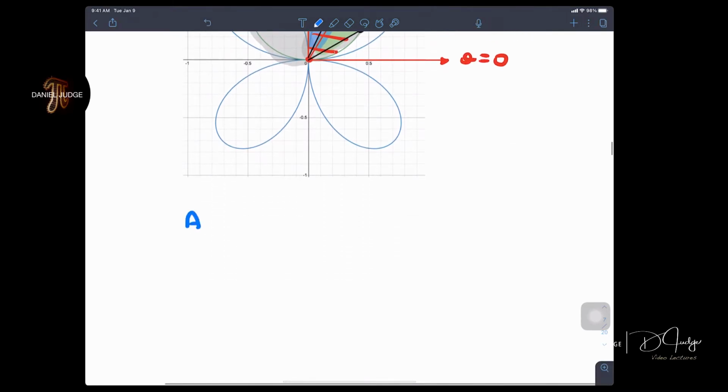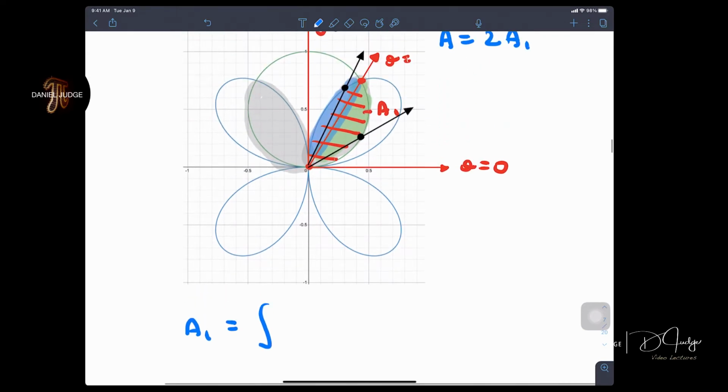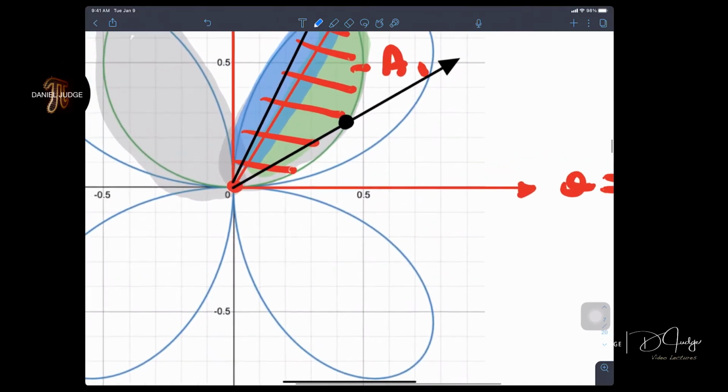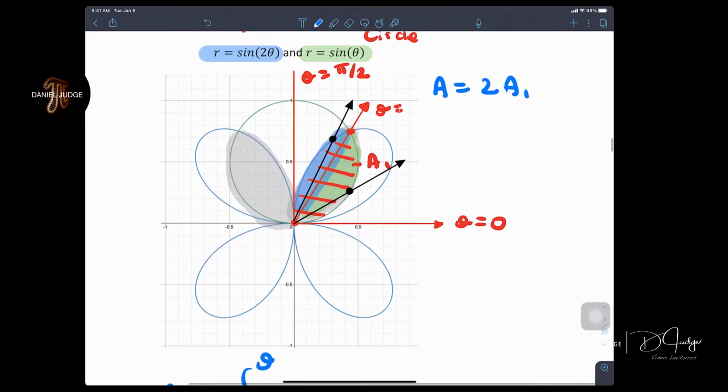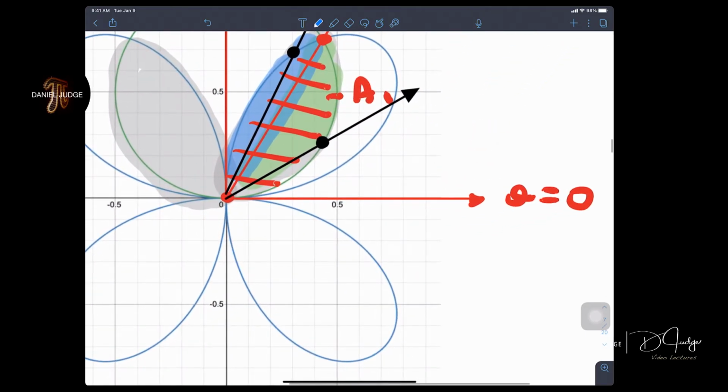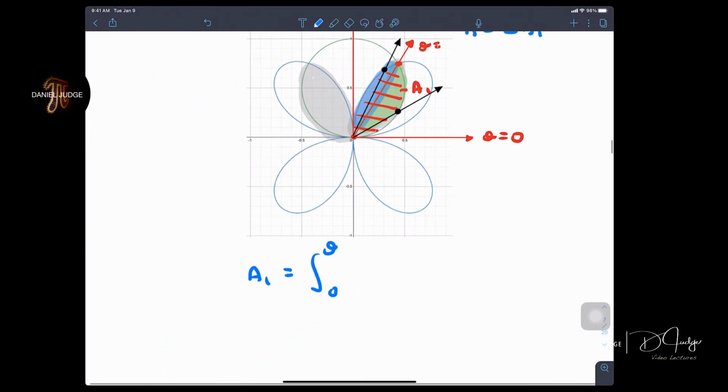That A1 is the area, I should say, in green. And that goes from the angle theta being 0 to some theta we haven't found. That's the green area. And I'm going to label this in green. This is 1/2 r squared.